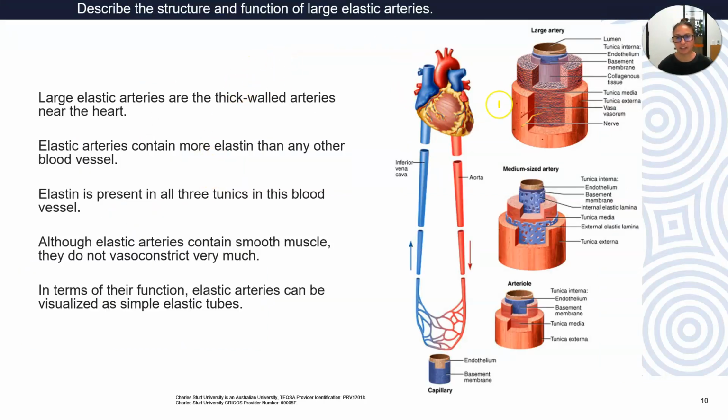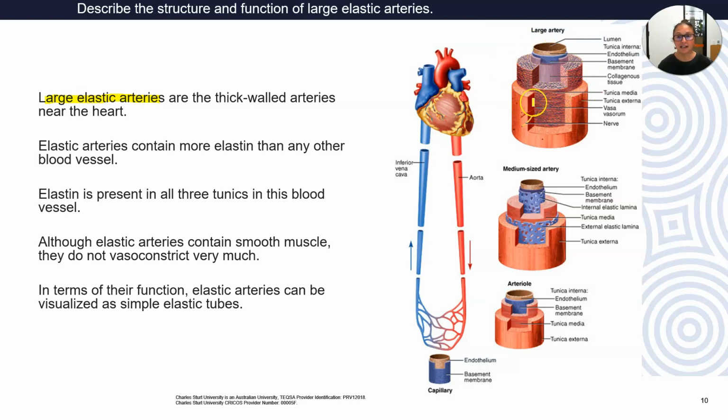Okay, here is an image from your textbook showing all of the different kinds of arteries. Now, there are 3 different kinds of arteries that we need to know about. The first one is the large elastic arteries. This is a picture of a large elastic artery.